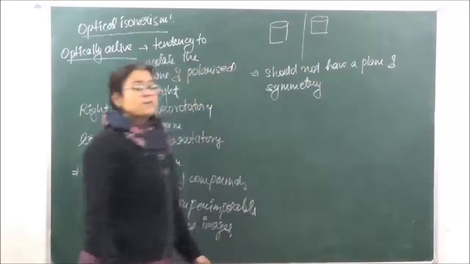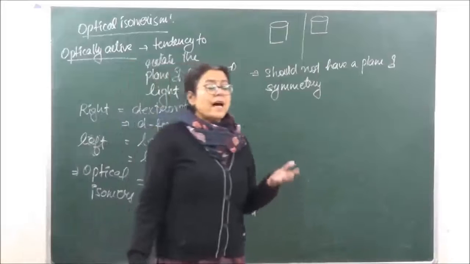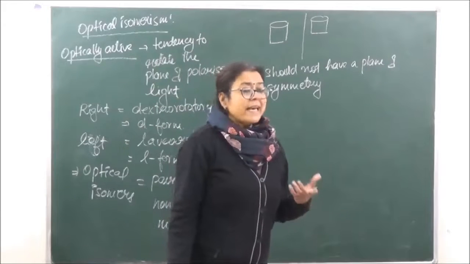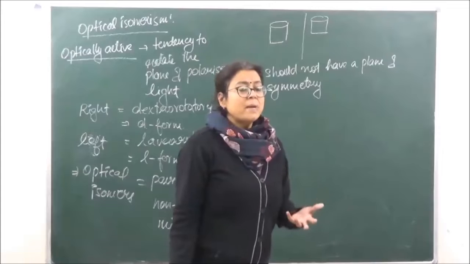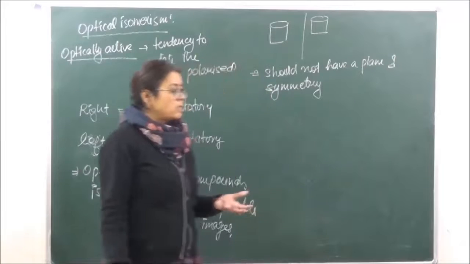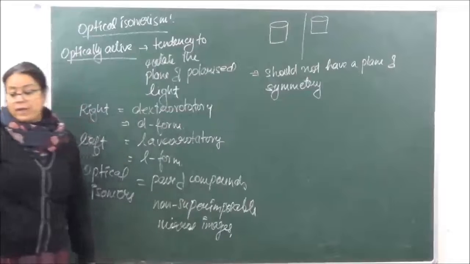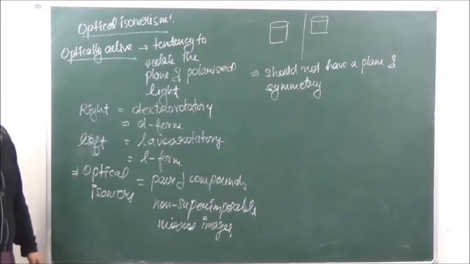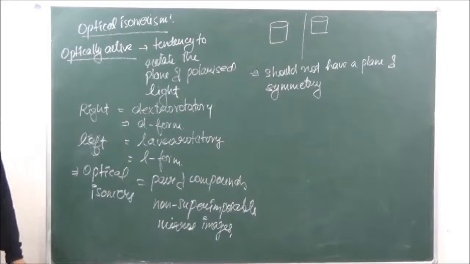A plane of symmetry is a hypothetical plane which divides any substance or compound into two equal halves. So for any compound to be optically active, it should not have a plane of symmetry in its structure. That is very, very important.